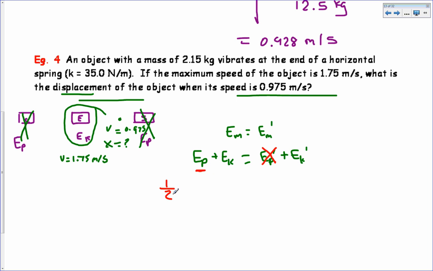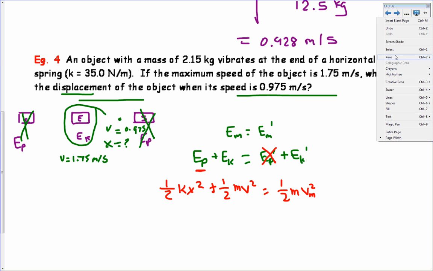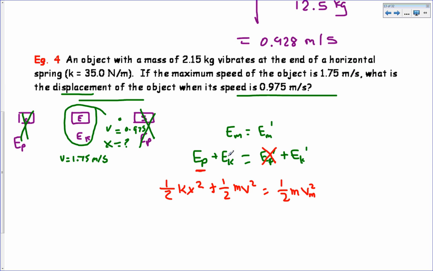So 1/2 kx squared plus 1/2 mv squared equals 1/2 m v max squared. Okay. And we're trying to find this. So the halves cancel.